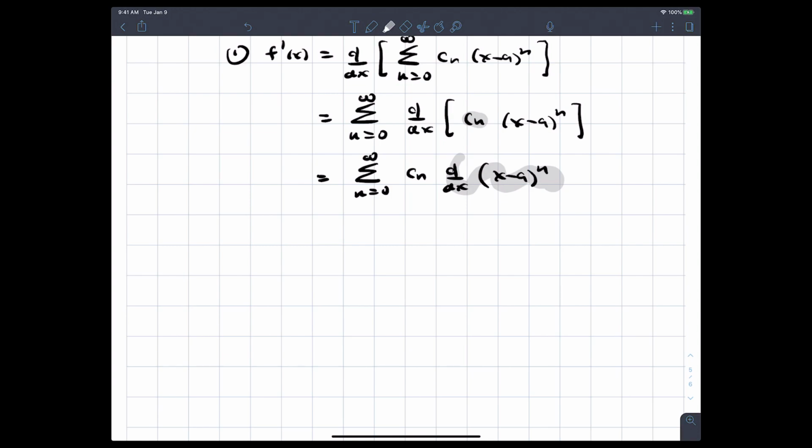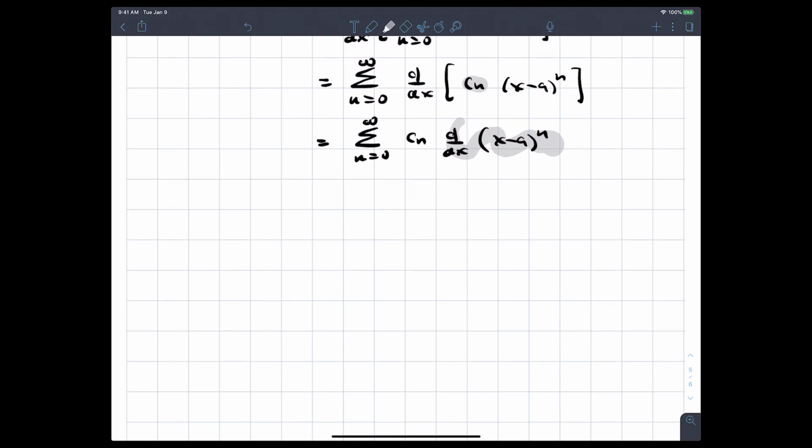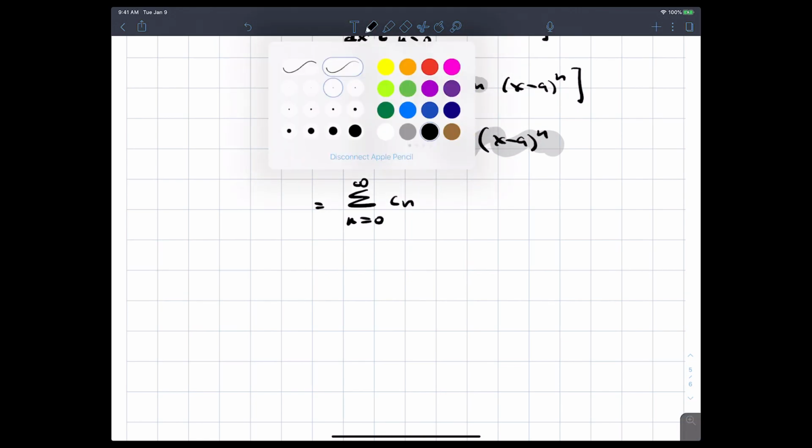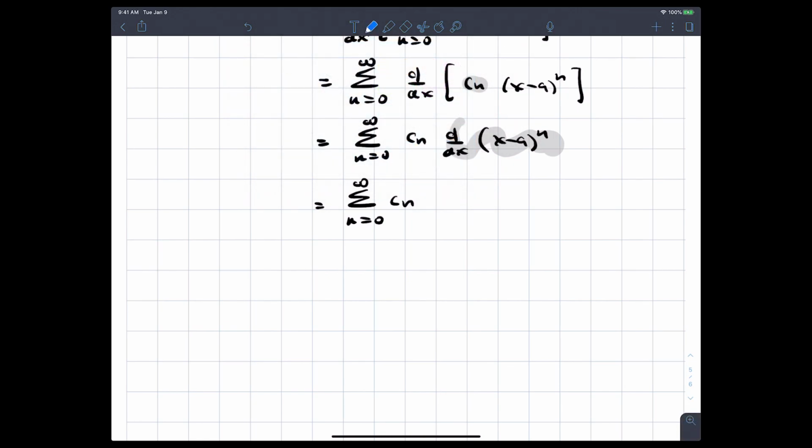And we're going to have to be careful here because notice what's going to happen. The summation, n is 0 to infinity, I have that C_n. Now, when I differentiate, by the power rule, this is n times (x minus a) to the n minus 1 power.